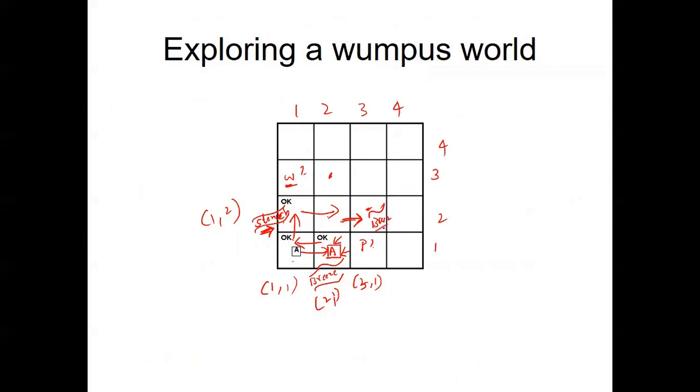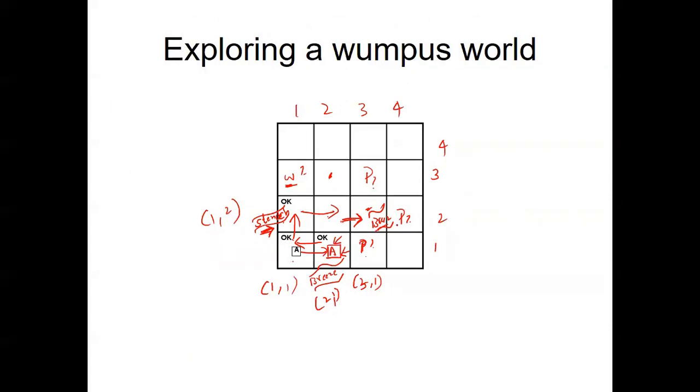Now what does it mean? If he is experiencing a breeze here, it means there is a pit here, or here, or here, right? The agent already knows that there is a pit here because of his previous knowledge.